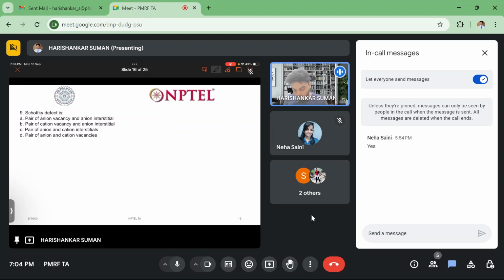Let's move to the next question. Schottky defects is for: pair of anion and cation vacancy or ion interstitial; pair of cation vacancy or anion interstitial; pair of anion and cation interstitial; pair of anion and cation vacancies.